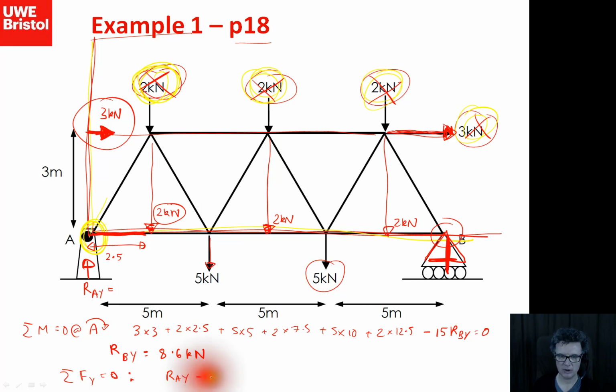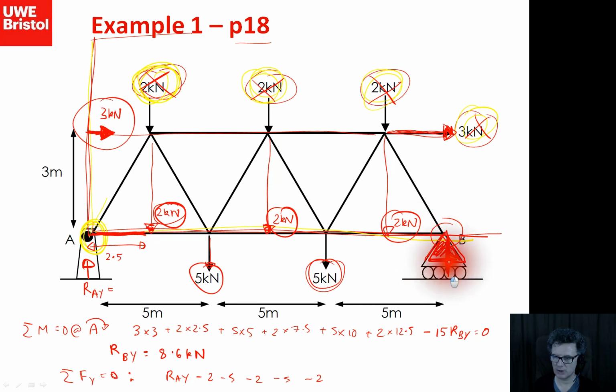I've then got 2 kilonewtons coming downwards, 5 kilonewtons coming downwards, another 2 coming downwards, another 5 coming downwards, another 2 coming downwards, and then we've got this RBY term, and that's going upwards, so that will be plus, and that's all got to equal 0. So RAY equals 7.4.